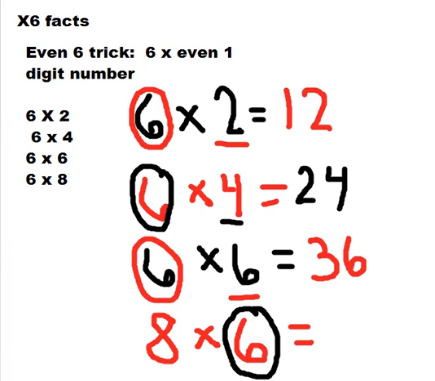I am doing a 6 trick. Later we will learn an 8 trick that we could use on this, although the 6 trick is easier, so I usually go for the 6 trick if I'm doing this fact. Underline the 8 so I know which number it is that I need to take half of and write. So go ahead now and write the answer to 8 times 6.